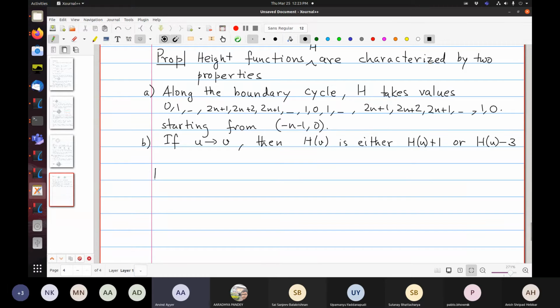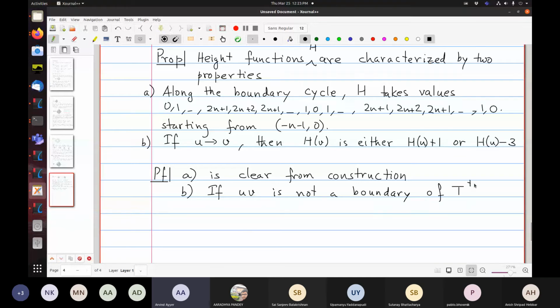Okay, so let's prove this. So A is sort of clear from the construction. I'll first prove these two properties for any height function, and then we'll prove the classification. Okay, so if uv is not a boundary of T plus, then it bisects a domino.